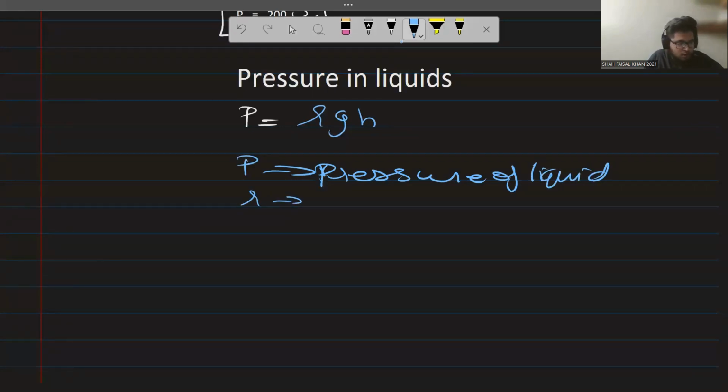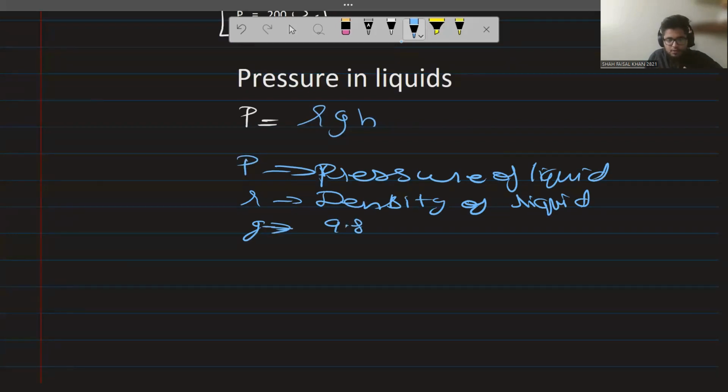And rho is the density of liquid, while the G is the gravitational field strength, which is 9.8, or sometimes it's 10, Newton per kg. And the H is the depth of the liquid.